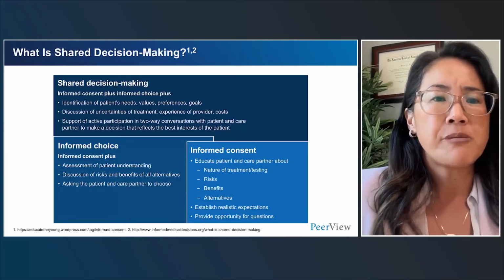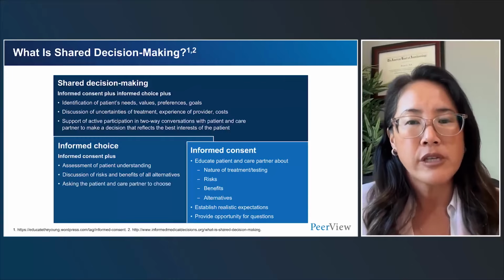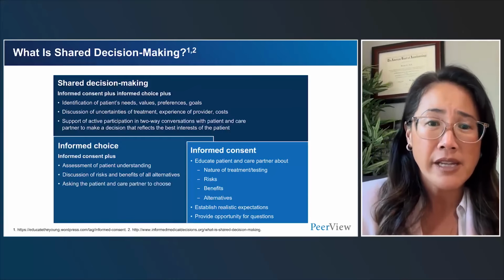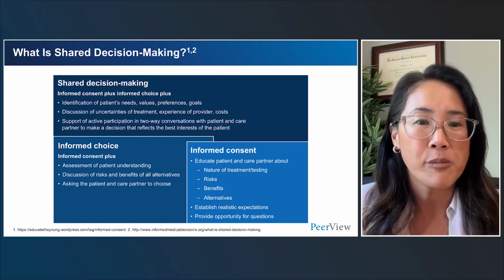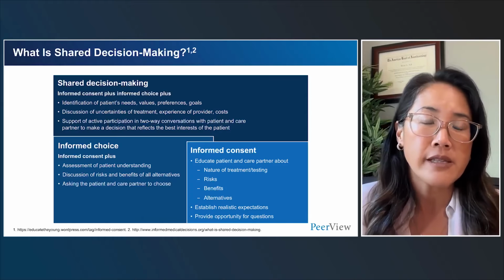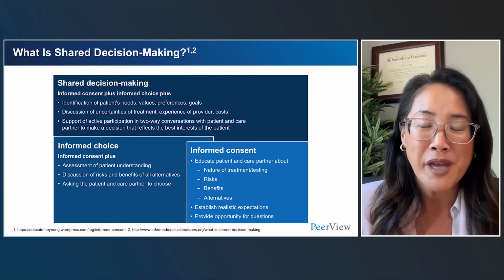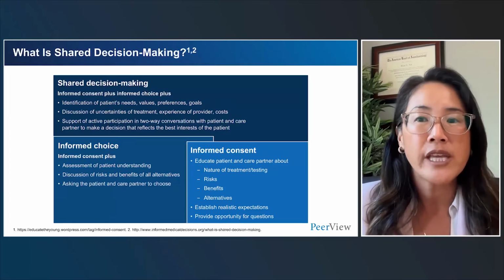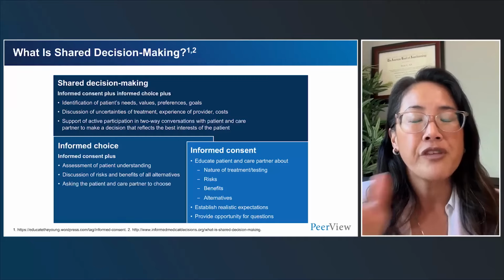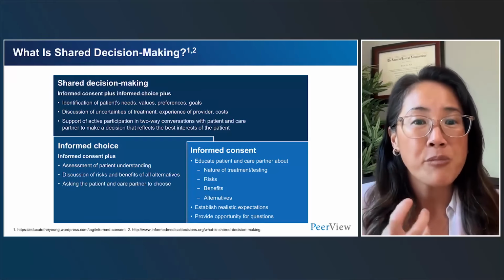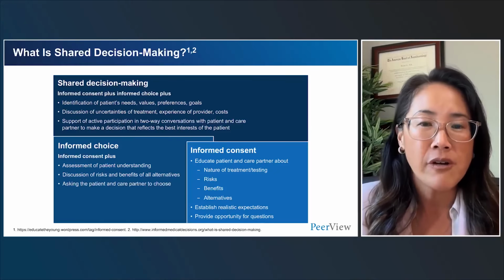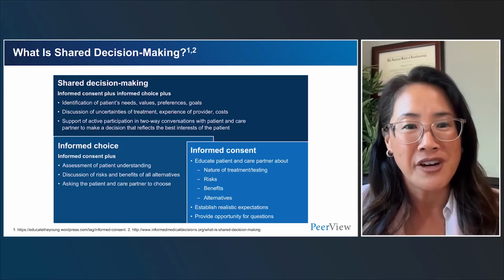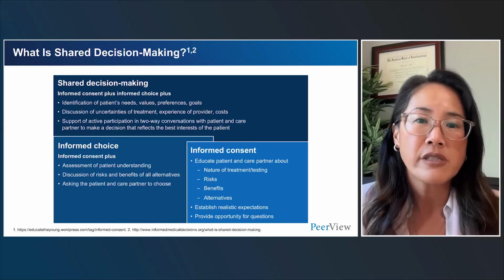With shared decision-making, obviously it's important to include the patient and family and care partners, understanding their goals. What I've seen in my clinical practice also is that sometimes patients and their families may have differences in opinions. So really getting aligned with the family, patient, and provider about what the goals are, what the needs are, what the expectations are, and really discussing some of the uncertainties.